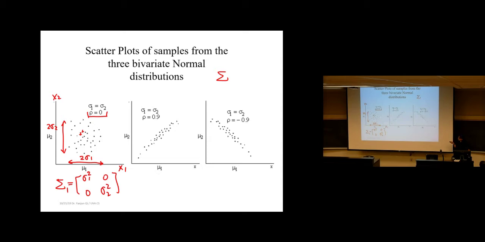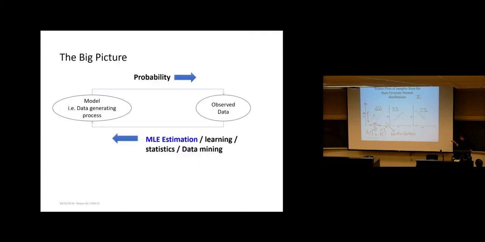Is this a naive distribution or not? For the first case, let me use f. You can easily prove that f(x1, x2) equals f(x1) f(x2), because the covariance is 0.